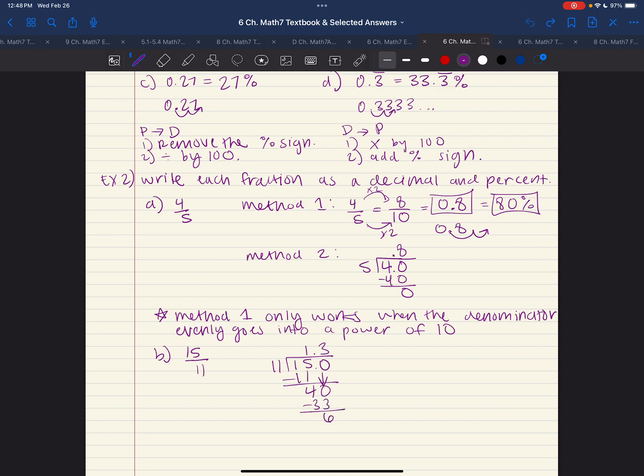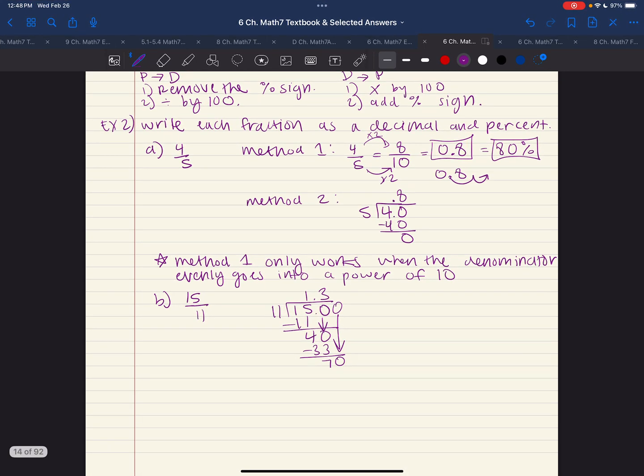I'm sorry, no, 40 minus 33 is not 6. It is 7. Add a 0, bring it down. 11 goes into 70 6 times. 6 times 11 is 66. You subtract, you get 4. Add a 0. 11 goes into 40 3 times.